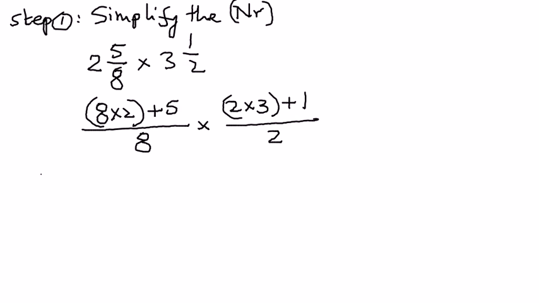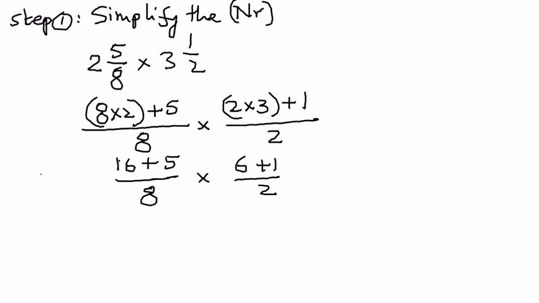So we'll simplify this some more. 8 times 2 is 16. 16 plus 5 divided by 8, let me write this 5, it looks like a 6. So 16 plus 5 divided by 8 times, and then in the second part here, 2 times 3 is 6 plus 1 divided by 2.